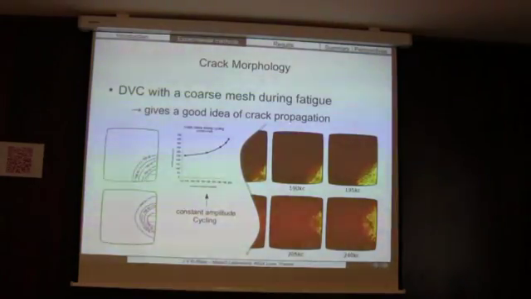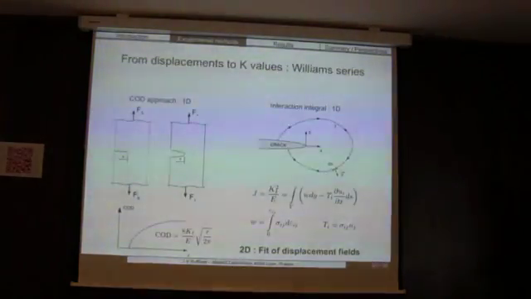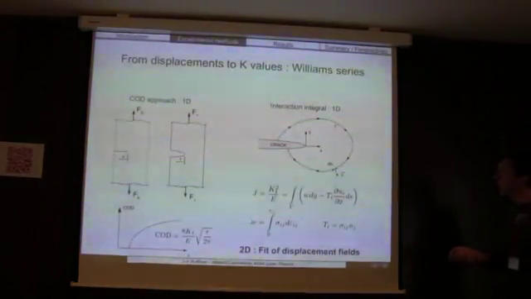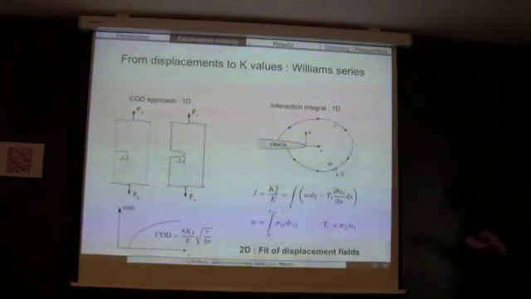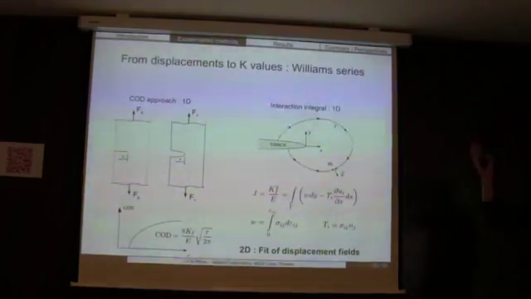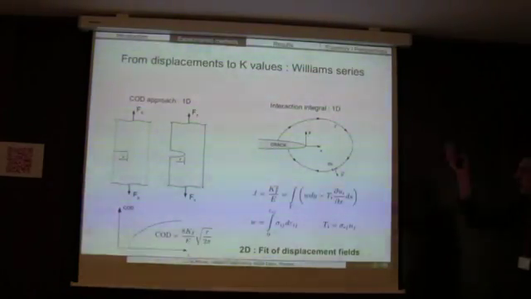And from that we will go to the displacement field and we want to extract the K values. So how do you go to the K values? Well, there are 1D methods, which are, for example, taking the COD. We heard a lot about that this morning in the first talk. You can also use the interaction integral. But here the idea is that we have richer information, if you like, in the whole plane.